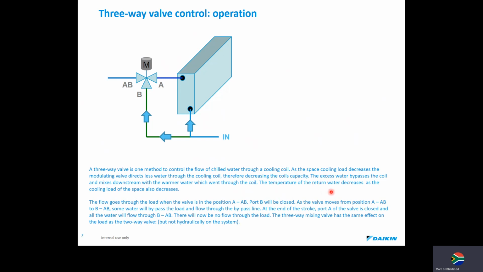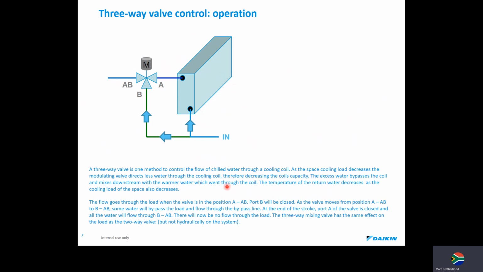The excess water bypasses the coil, so excess water is going to flow through here now, and it's not going to flow through the coil, okay? And mixes downstream with warmer water, which already went through the coil, so it's going to mix downstream of the valve. The temperature of the return water decreases as the cooling load of the space decreases. That sort of makes sense.